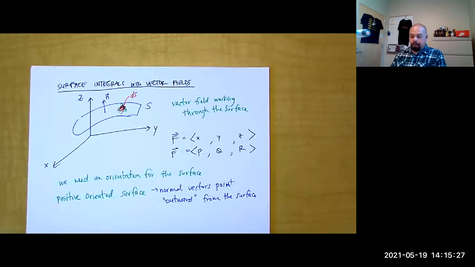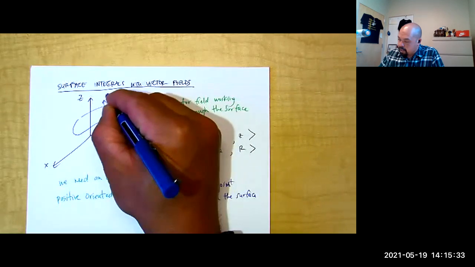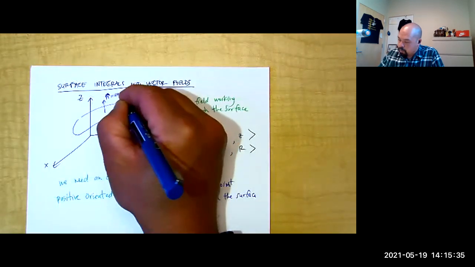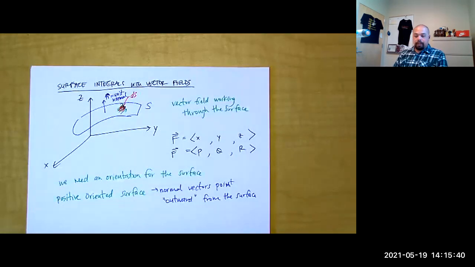In order to evaluate. Okay. Let's put that back. And hat. We'll do a unit normal. Okay. For that direction.